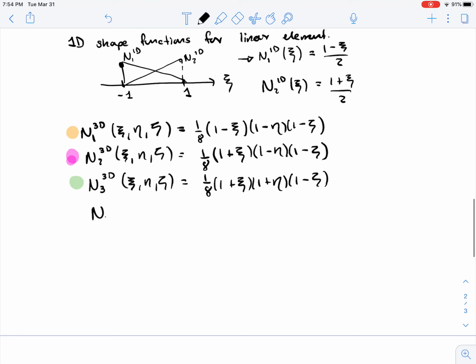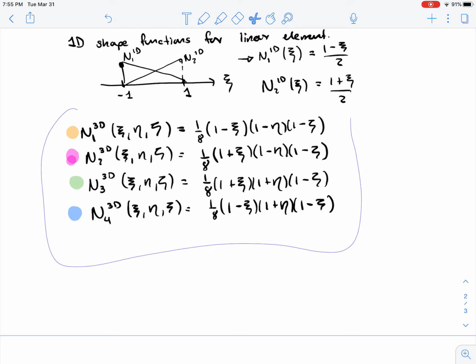That means that the shape functions in terms of the parent domain coordinates are going to be minus 1, 1, minus 1. So 1 minus psi, 1 plus eta, 1 minus zeta. So that would be this guy right here.